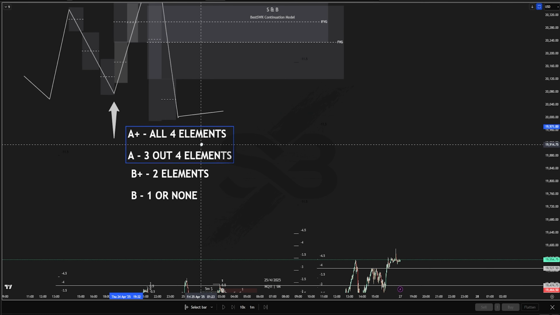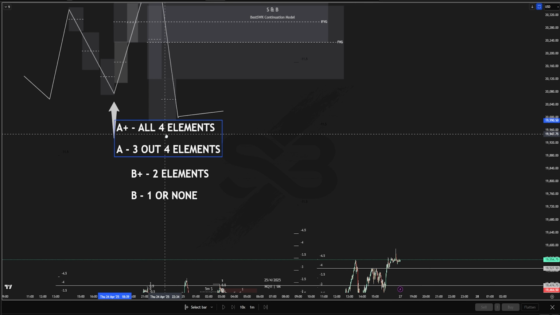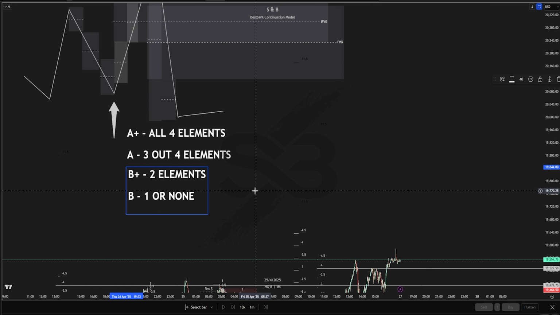Let's bring it back. 4 elements, A+, 3 elements, A, 2, B+, and then 1 or none, it's just B. 4 standard deviations for these 2 always, 2 standard deviations for these 2 most of the time. For the B+, more often, you can go to 4 standard deviations because the context will be easier to tell.